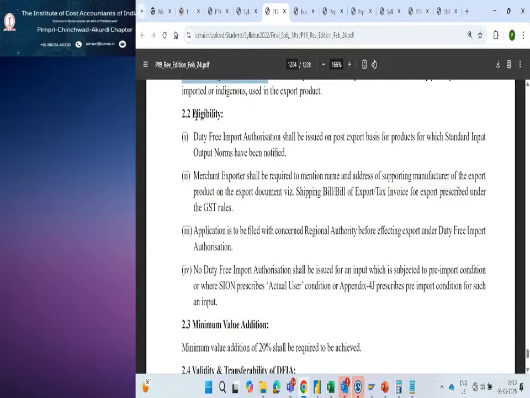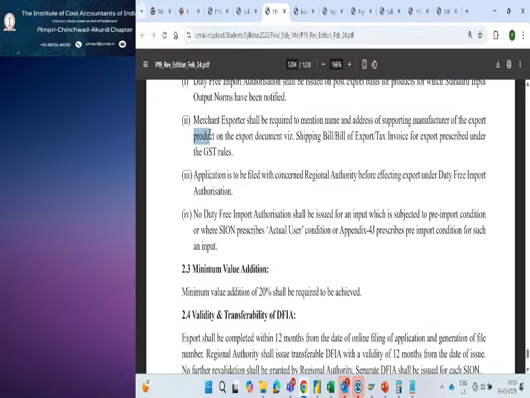Then eligibility. Who are all eligible to apply for duty free import authorization? The duty free import authorization is issued on a post-export basis for the products for which standard input output norms are notified. The merchant exporter is required to mention the name and address of the supporting manufacturer of the export product.